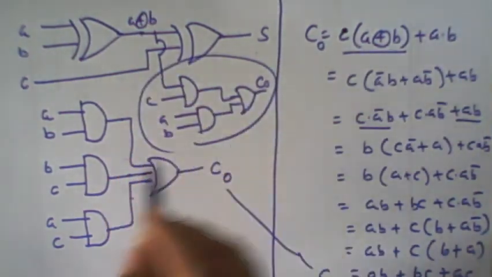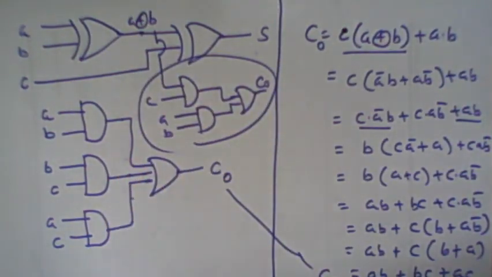So another logic for the carry output can use A XOR B, which is produced in the sum. Right? So this is another implementation of a full adder logic diagram.